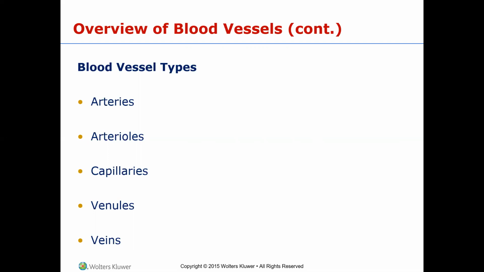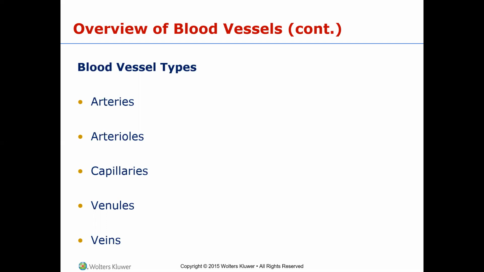The veins, on the other hand, carry blood to the heart. And I don't want you to get confused thinking that veins have unoxygenated blood and arteries have oxygenated blood. That's the norm, but not always. The norm is that arteries carry blood away and the veins carry blood to the heart.